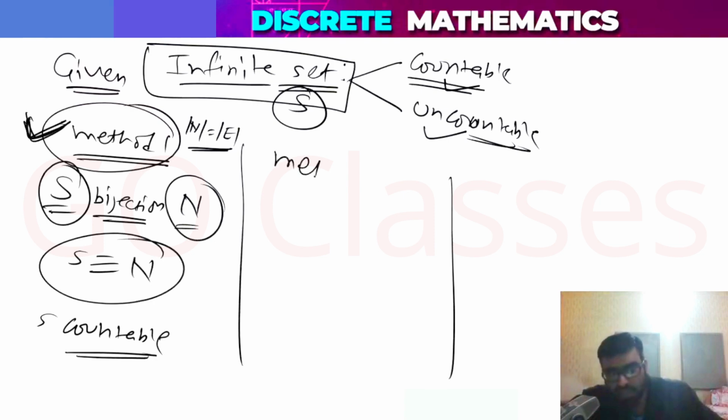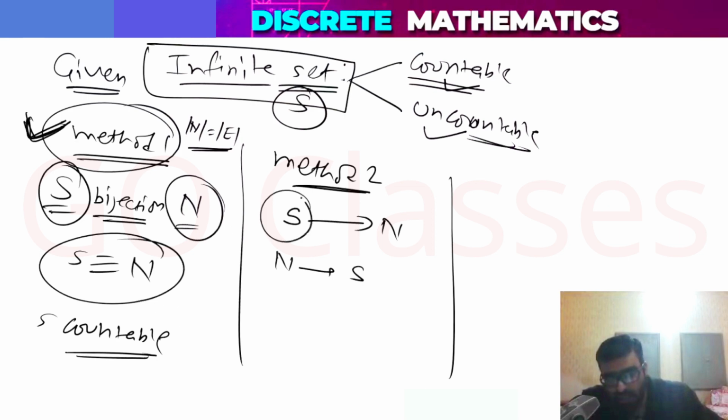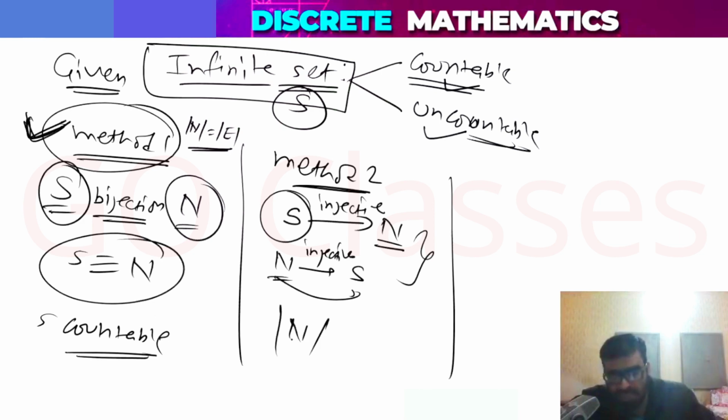Method 2: you show an injective function from set S to N. Also, you show an injective function from set N to S. If you can do both these things, then you can say that the set S is countable.